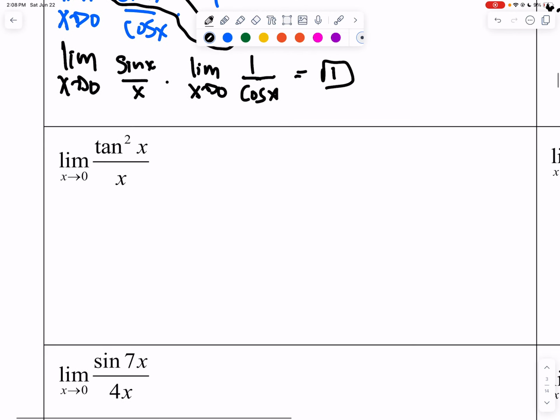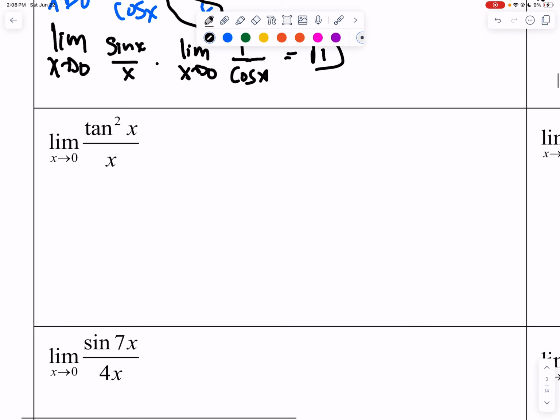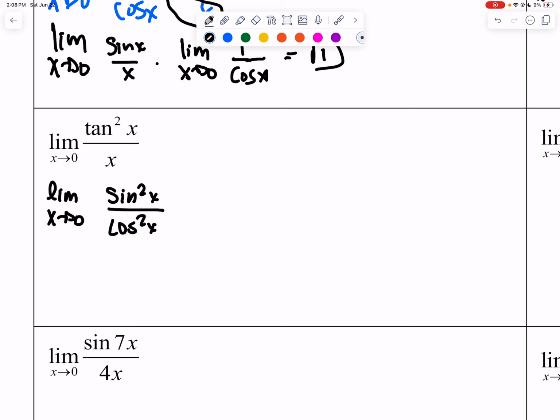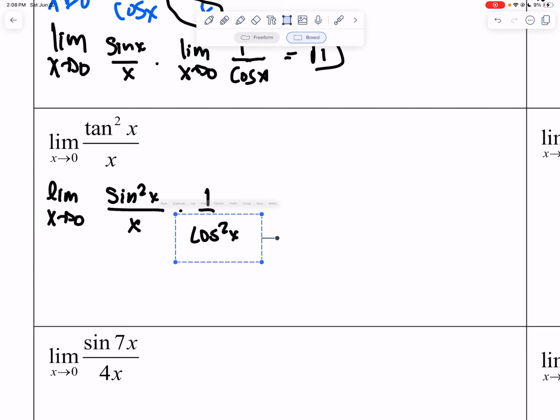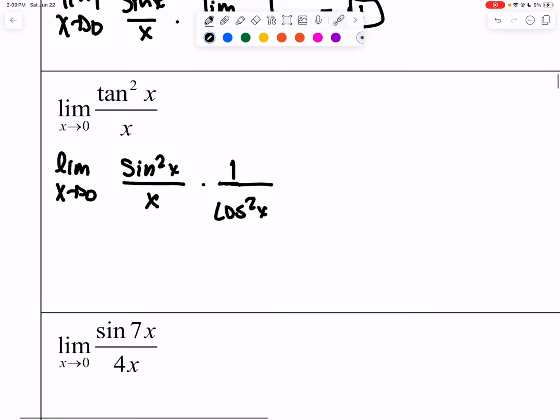All right, same thing for this one right here, tangent square of x over x. So once again, I know that I'm going to have sine square of x over cosine square of x, and then I have 1 over x. I'm going to go ahead and move this so that it looks like this right here. Now, here's the thing about this one right here, because I have sine square of x.